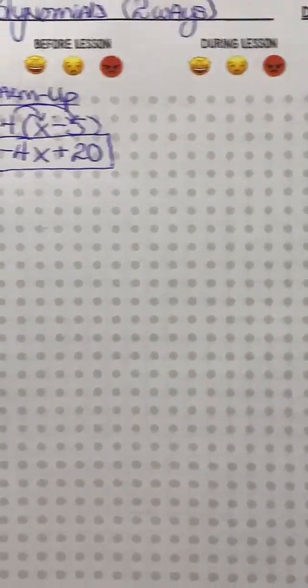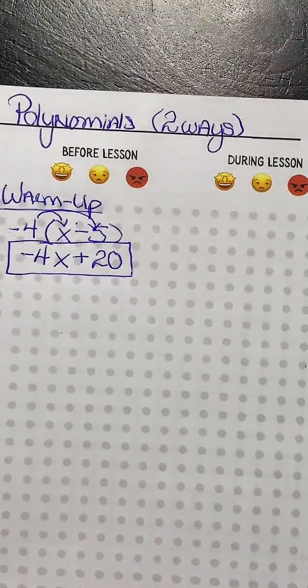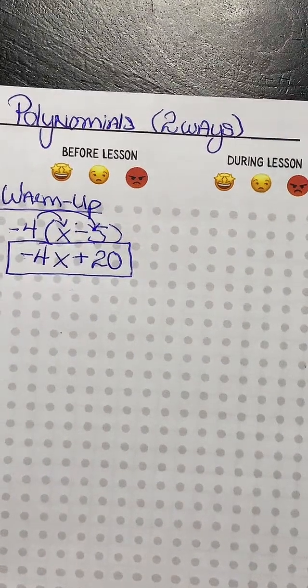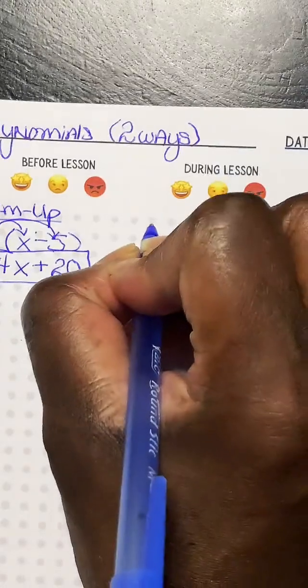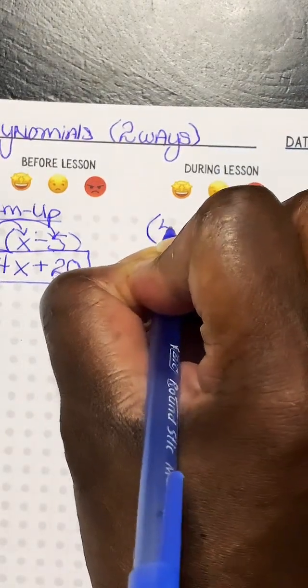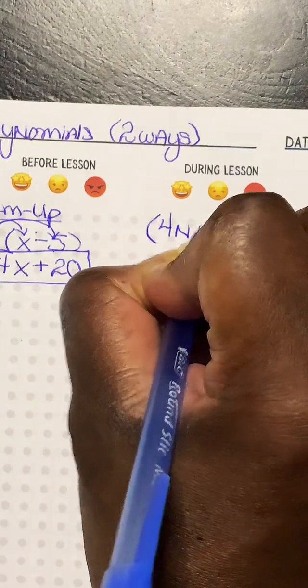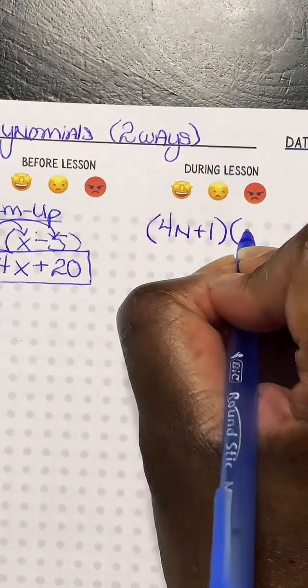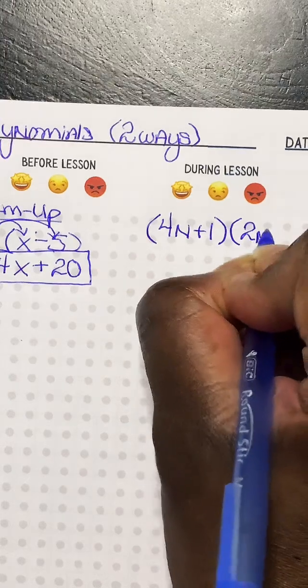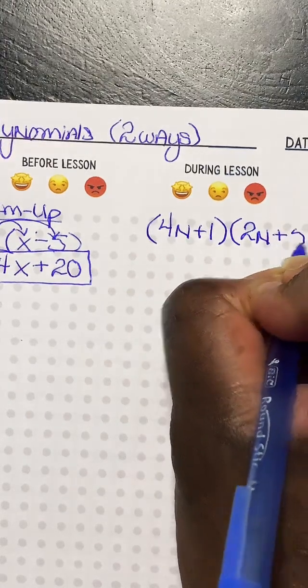Now, everyone gets confused with this. The FOIL method is nothing but distribution. That's all you're doing. So let's say I have 4n plus 1 and I have 2n plus 5. Let's start here.